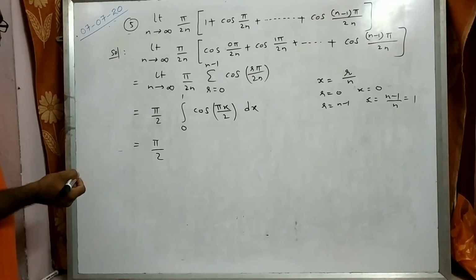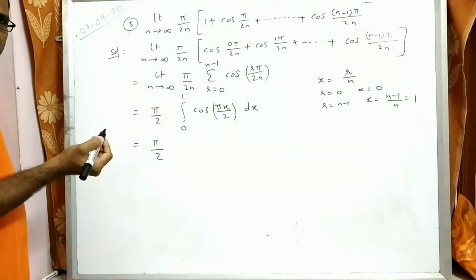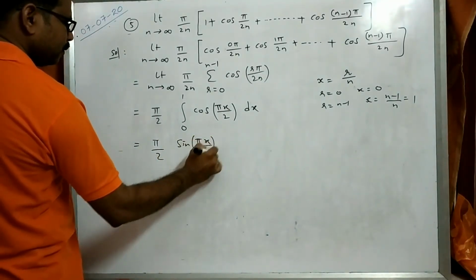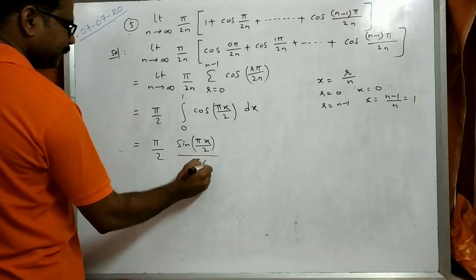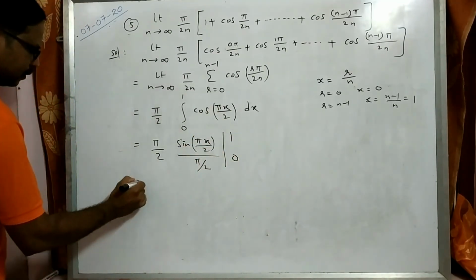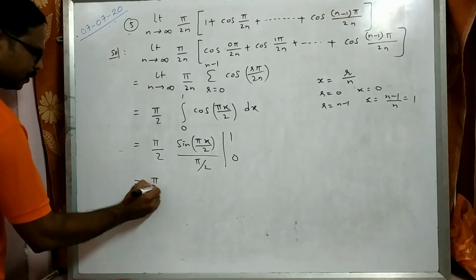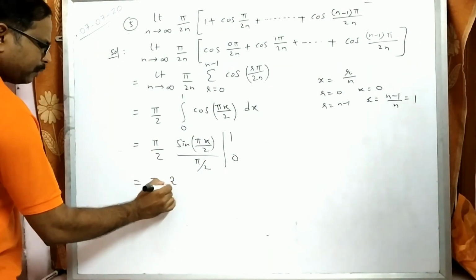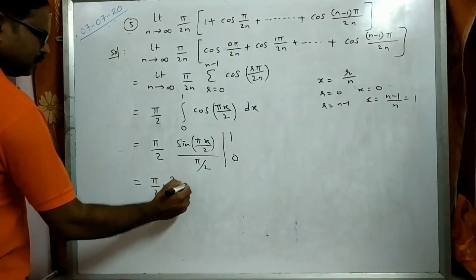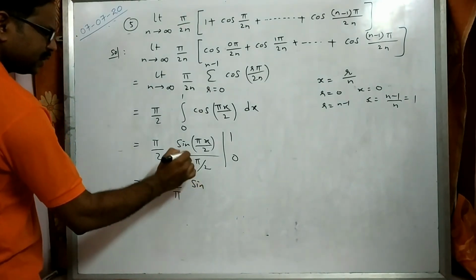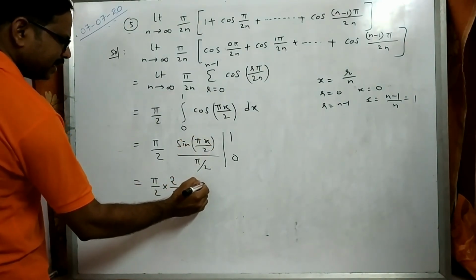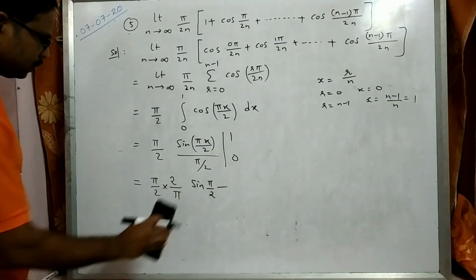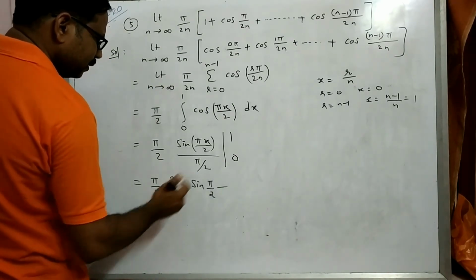What is the integration of cos x? Sin x. So sin pi x by 2 by, what is the coefficient of x here? Pi by 2. Limits are from 0 to 1. So pi by 2 into 2 by pi will be 1, sin, instead of x you keep 1, sin 90, minus sin 0.